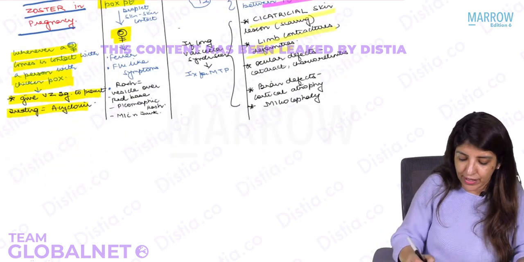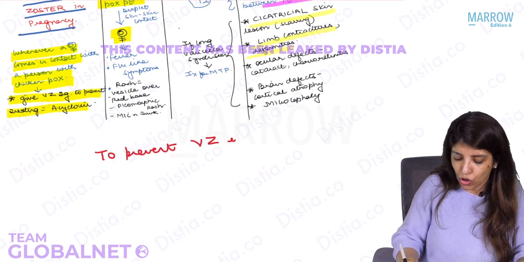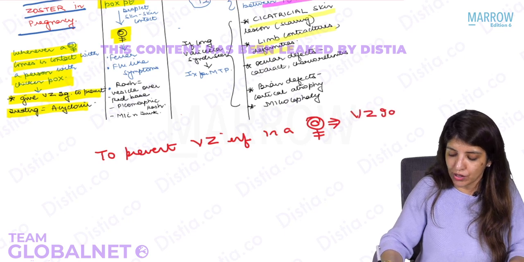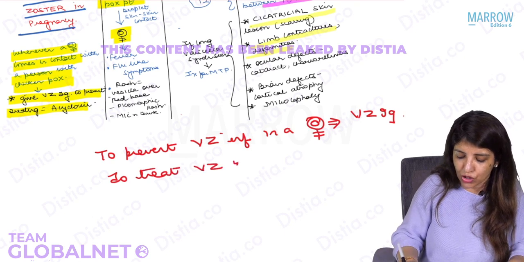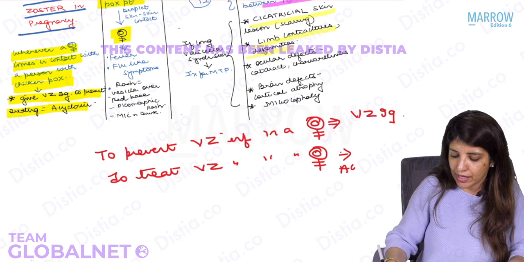So, to prevent varicella zoster infection in a pregnant female who has come in contact with a person having chickenpox, you have to give varicella zoster immunoglobulin. And to treat varicella zoster infection in a pregnant female, you have to give acyclovir.